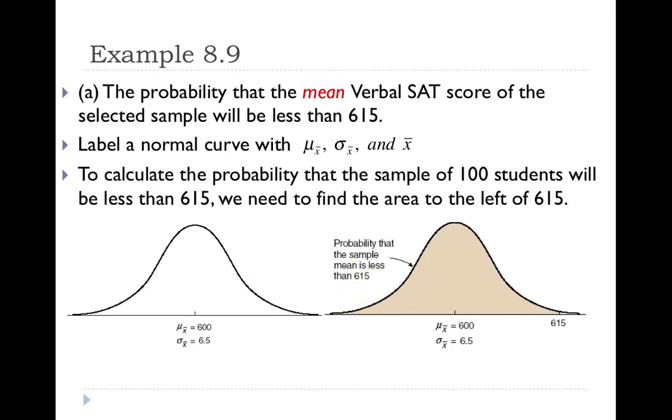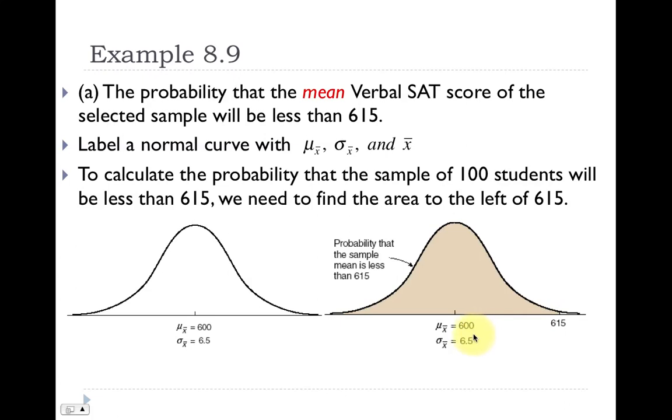It represents a probability. So we're going to go to our calculator into normal CDF, and the four values that we're going to put in are a low value, which is way on this side of the bell curve, an upper value, which represents the upper sample mean, 615, a mean, and a standard error.